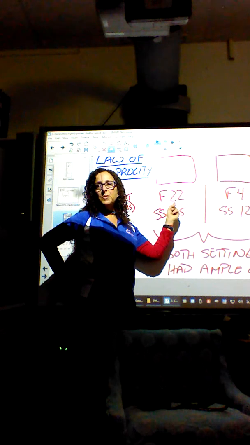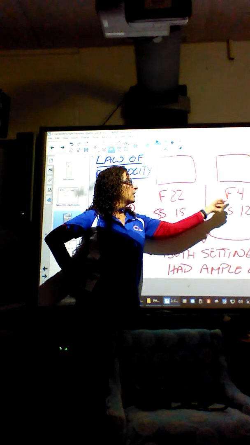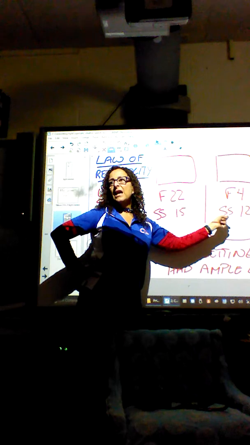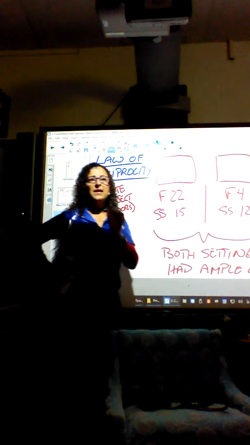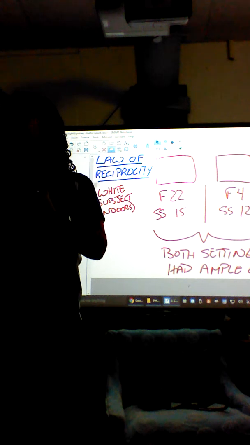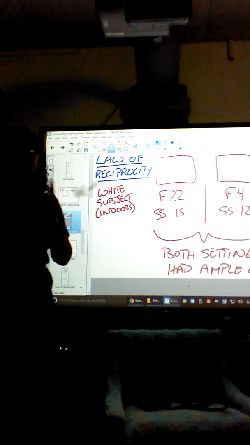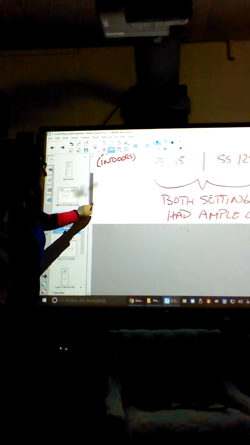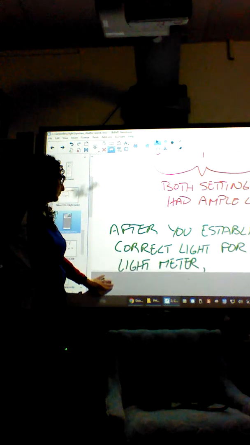If my f-stop number gets lower, my shutter speed number has to get higher to have the same amount of light come into the camera. This is super important to understand. The law of reciprocity is an inverse relationship.